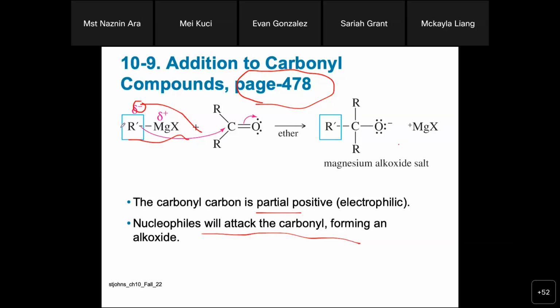This is how they form the alkoxide salt, with the magnesium bound to the oxygen.